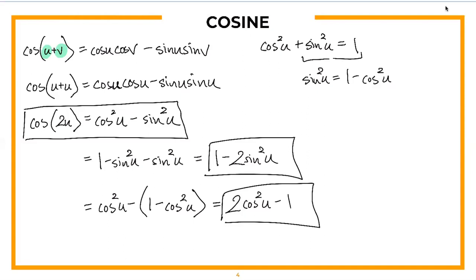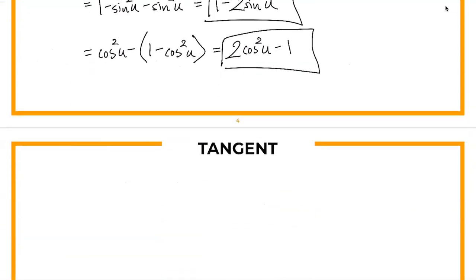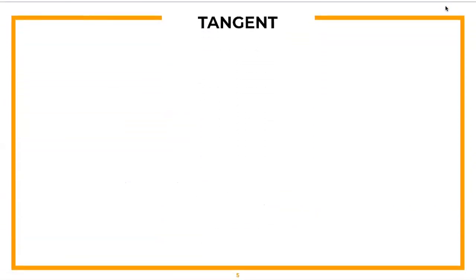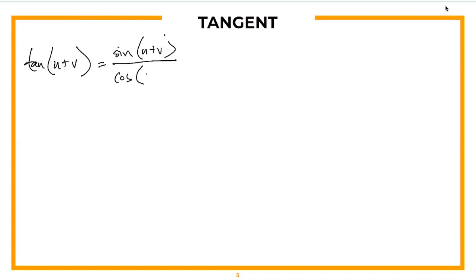All right, we've got one last double angle formula, and that is the tangent one. And so yesterday we mentioned that if we had tangent of an angle plus another angle, that we could write that as sine of the sum divided by cosine of the sum, right?